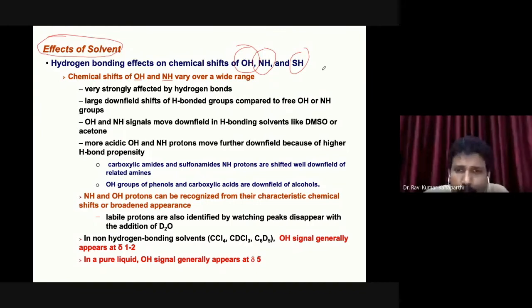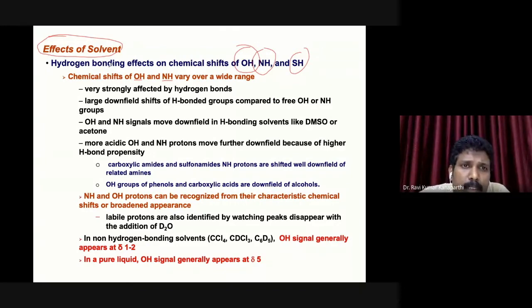I'm sure a similar discussion will come up with regard to the FTIR spectrum as well. Hydrogen bonding, and how it affects, whether it is intramolecular or intermolecular, are also very important subjects.